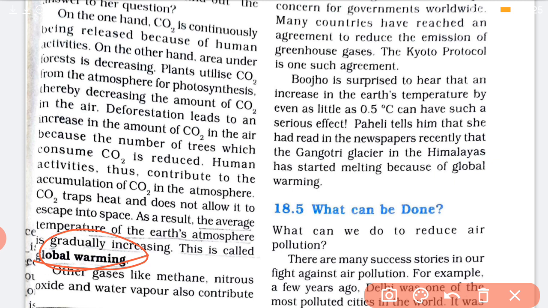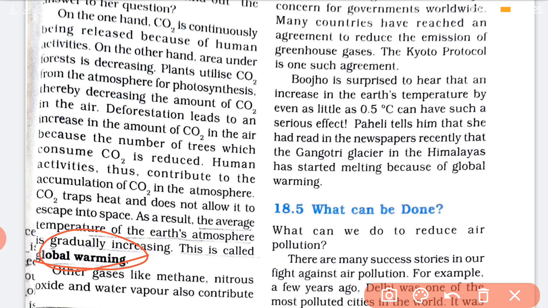And this global warming is also a threat for our earth, because due to global warming, the glaciers, the ice caps are melting, which is increasing the water level of seas and oceans. So people who are living in coastal areas face a threat to life. Then due to the increasing temperature, the sea animals and plants are also being affected.